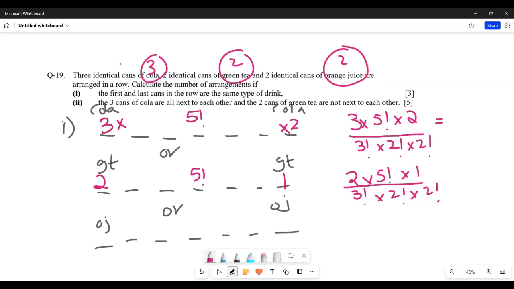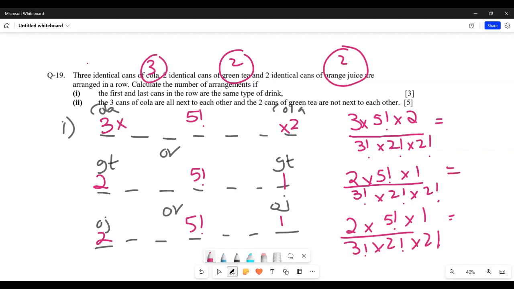And then when there's orange juice at the start, there are 2 contenders for that. And similarly, 1 contender for the last orange juice. And in between, there's 5 factorial, divided by 3 factorial times 2 factorial times 2 factorial.